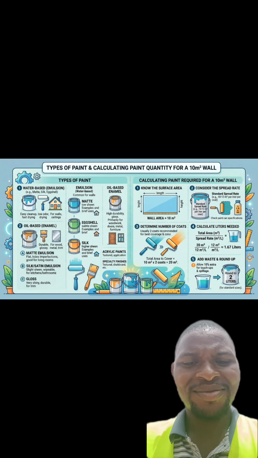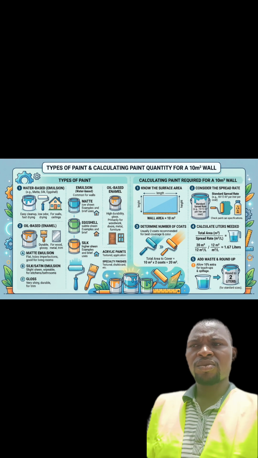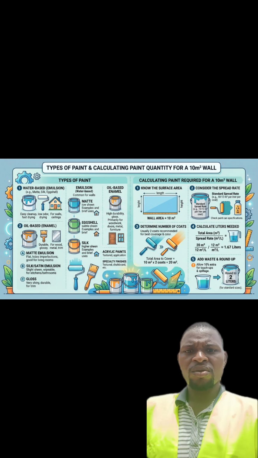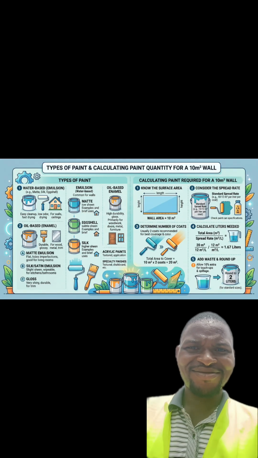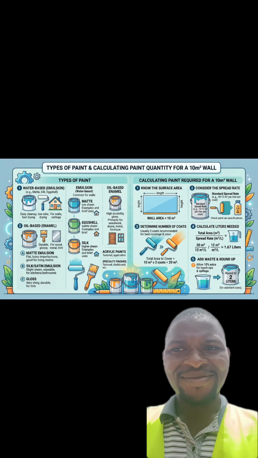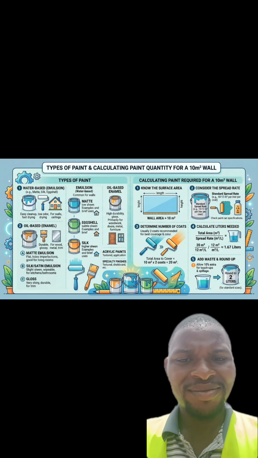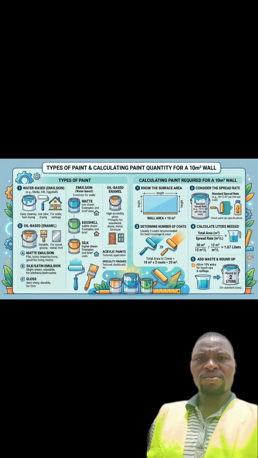Then for you to know the liters required, you are going to use the total area to cover divided by the spread rate. So that is the total area to cover divided by the spread rate.